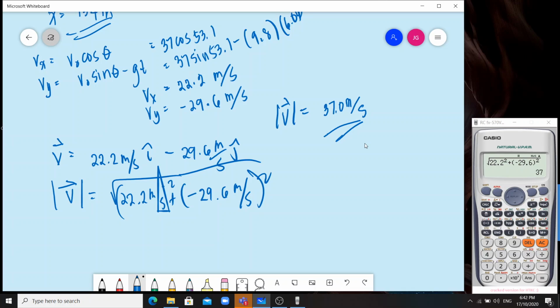Okay. Ang direction na lang niya is negative 29.6 over 22.2.